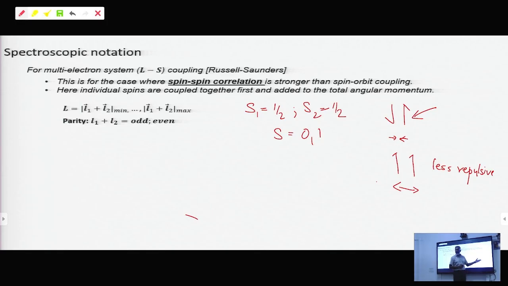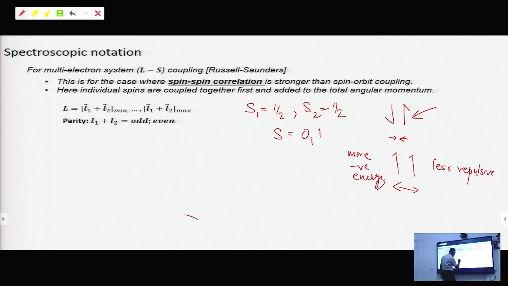Less repulsive means more negative energy than the anti-parallel case. More negative energy means more stable, so the triplet will be below the singlet.